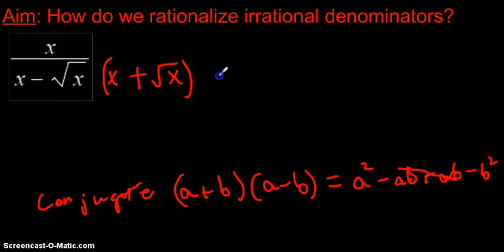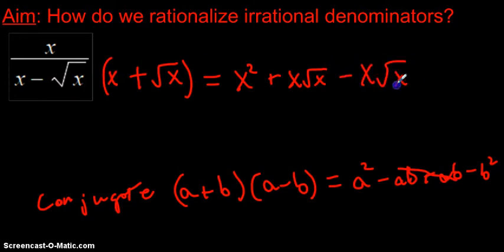So let's work that out, and we'll get x times x is x squared. x times radical x is positive x radical x. Then we'll have negative radical x times x, which is negative x radical x. And negative radical x times radical x, which is negative x. And now these are like terms, so they will cancel out.